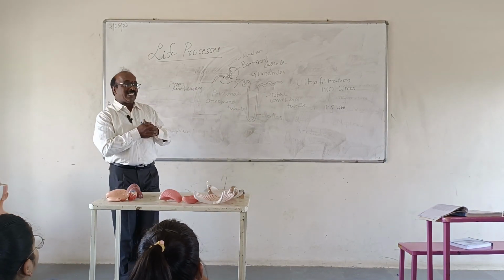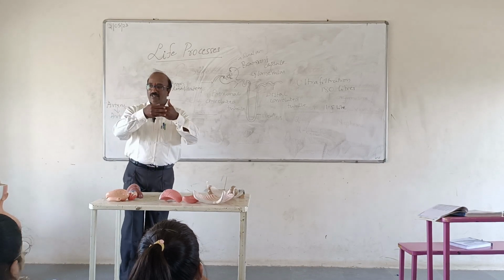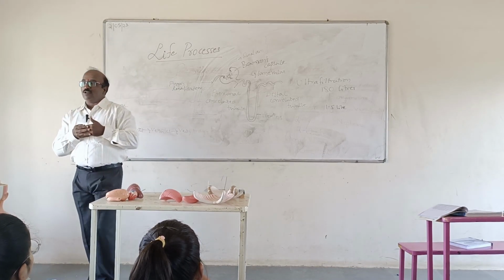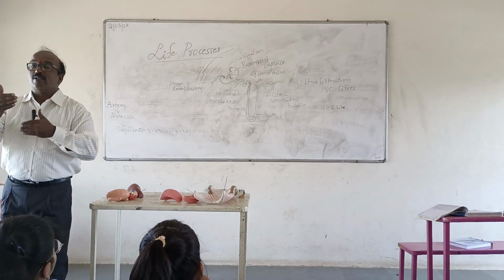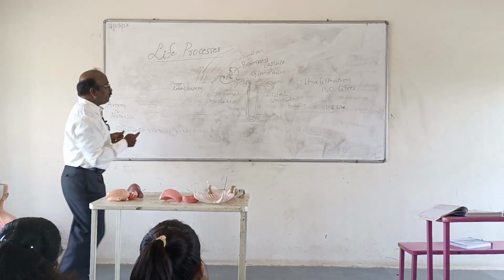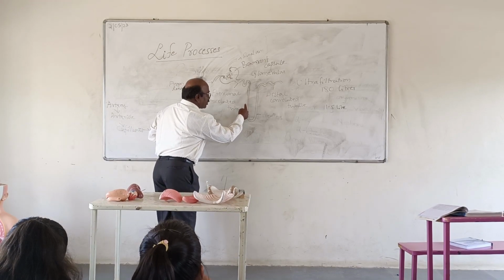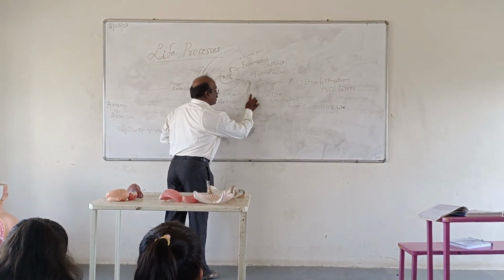Whichever is needed from the blood it will take, and whichever is not needed it will give back to the blood. So that is the counter current mechanism. If the filtrate is moving in one direction, the blood will be moving in the opposite direction.